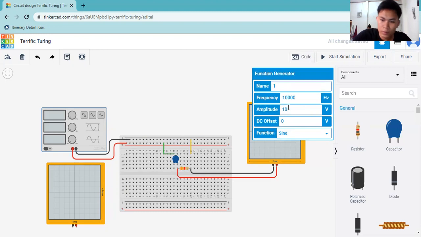and this is set to 5, and this one to 500 hertz, and the wave is a square wave.